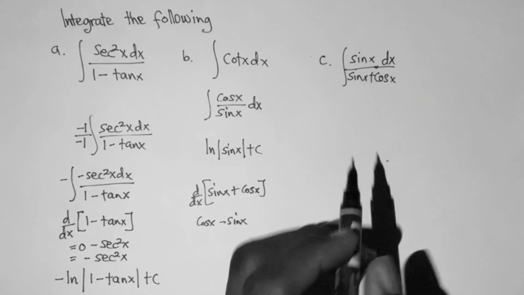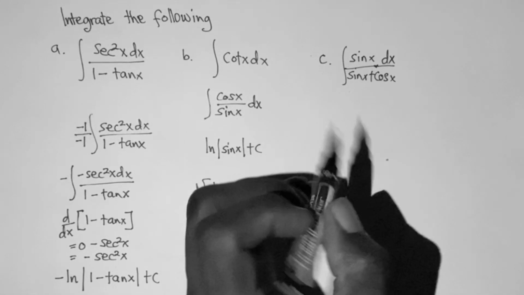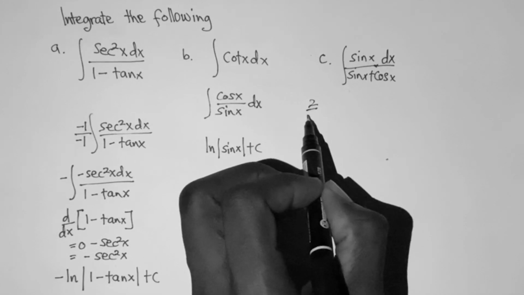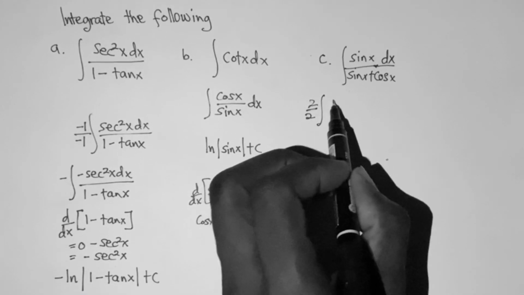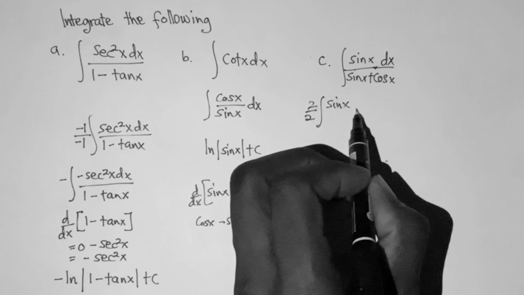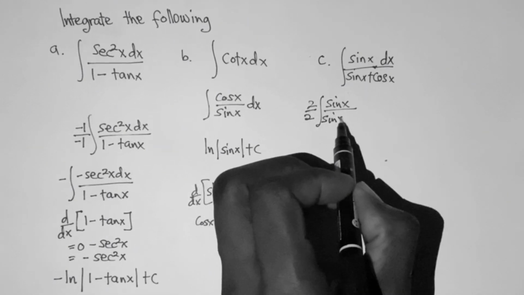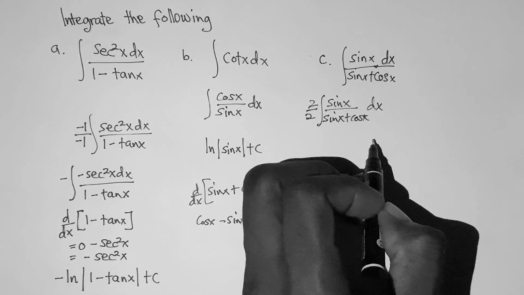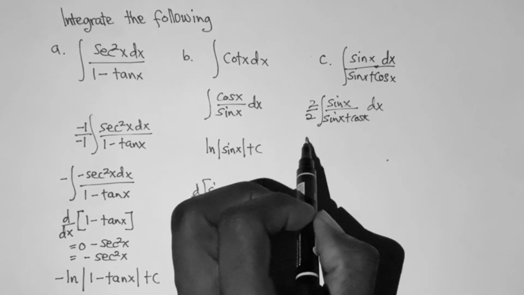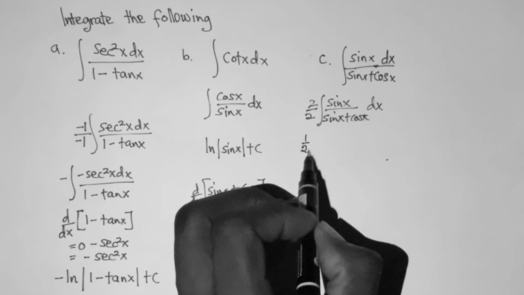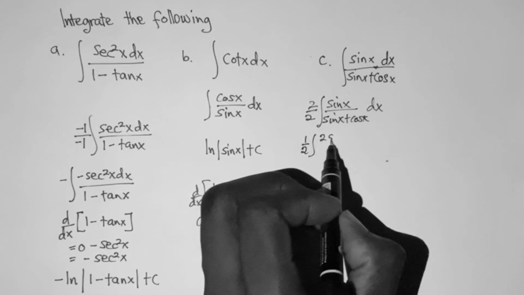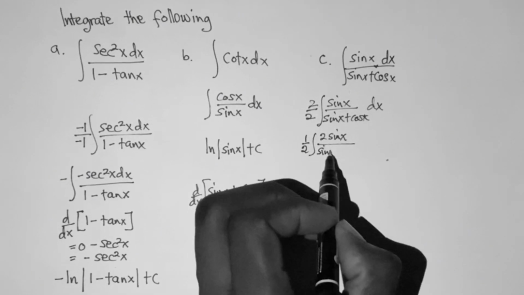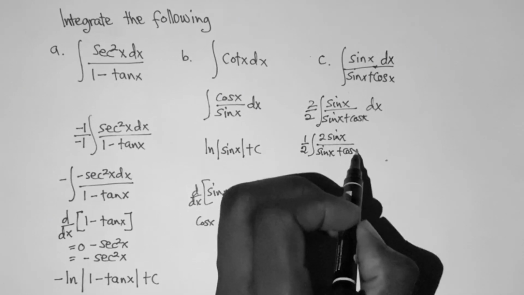So what we will do is multiply both the numerator and the denominator by 2. So this will become 2 divided by 2 integral of sine x divided by sine x plus cos x dx. Now this will become 1 over 2 integral of 2 sine x divided by sine x plus cos x dx.